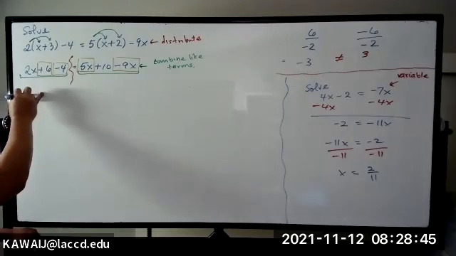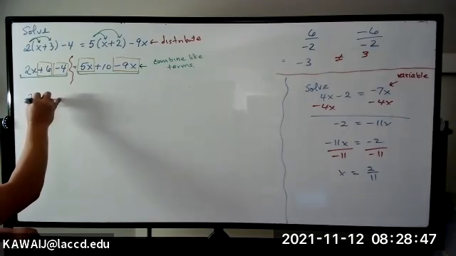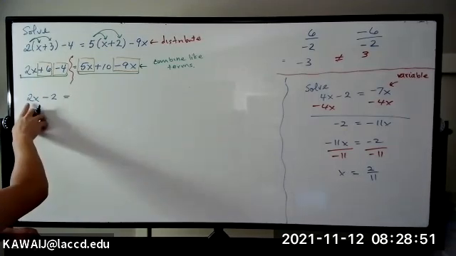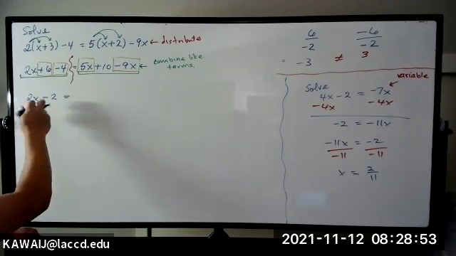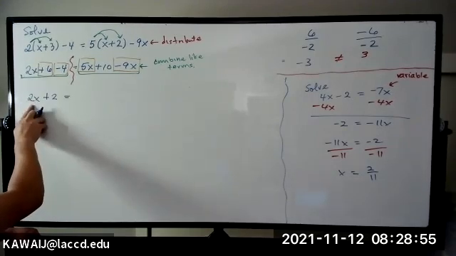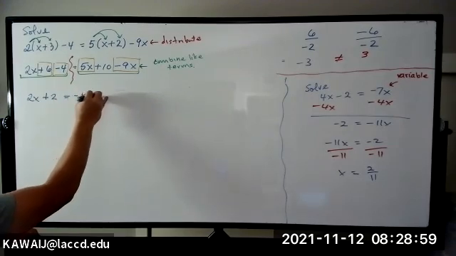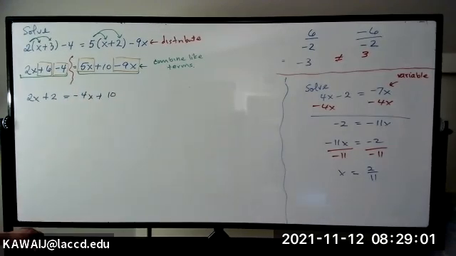So now we get 2x minus 2 is equal to, is that right? 2x plus 2. Okay, 2x plus 2 is equal to minus 4x plus 10.